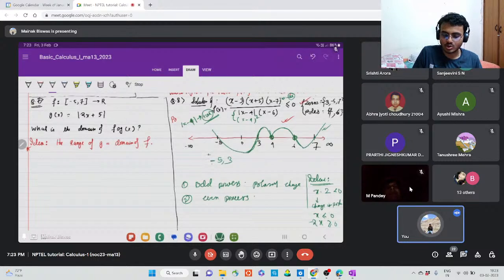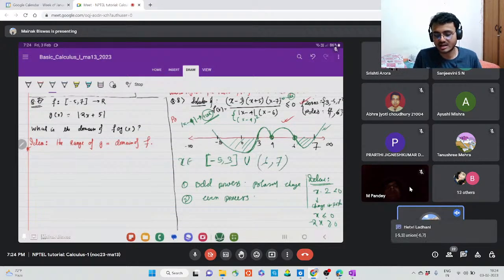Minus 5 is a pole, so you include this. 3 is also a pole, you include this. Union. These two are negative, right? Yes. And between 6 and 7, and 6 is not included. Get that right? 6 is not included because 6 is a pole. Yes, 6 is a pole.